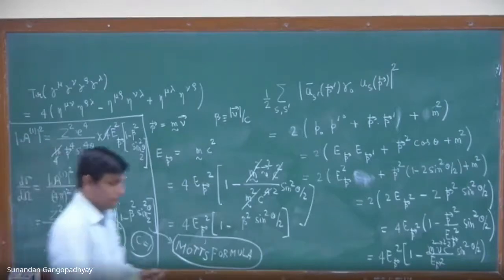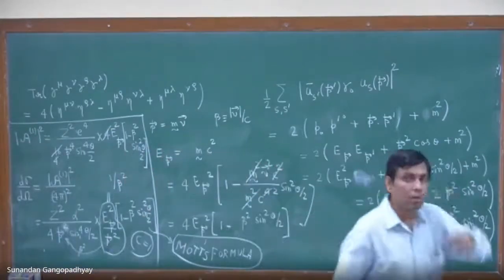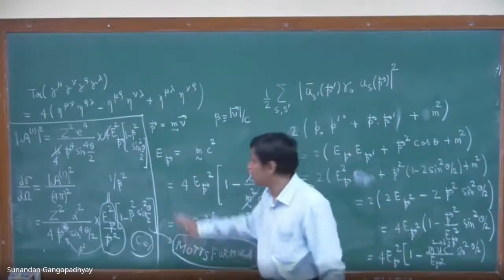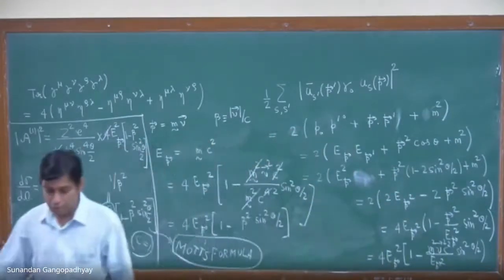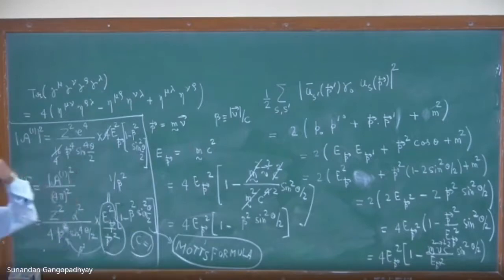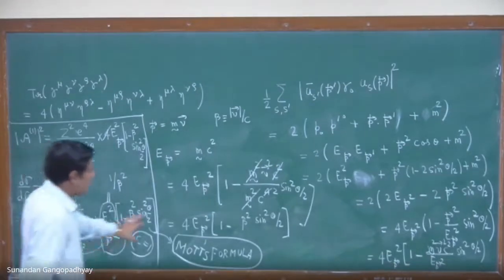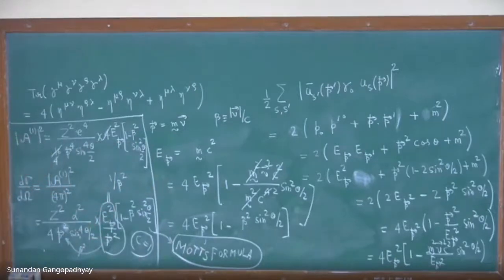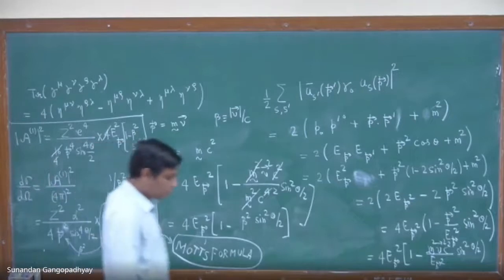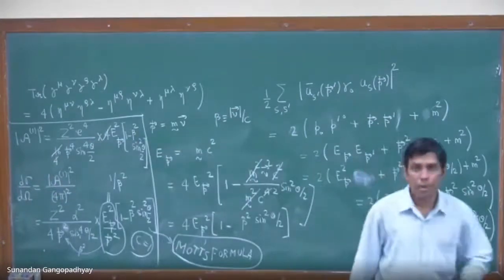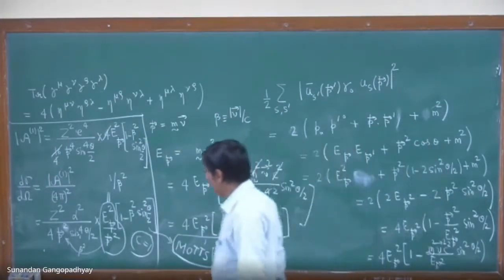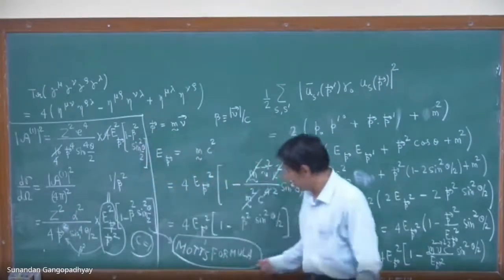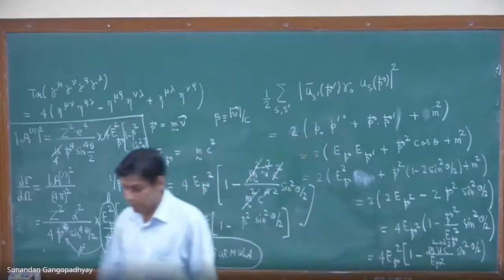Mott was a prominent theoretical quantum matter physicist, and he calculated the relativistic correction to this Rutherford scattering problem, and obtained the relativistic formula that we derived today. This result was verified experimentally by scattering experiments, and it is known as Mott's formula for the scattering cross section.